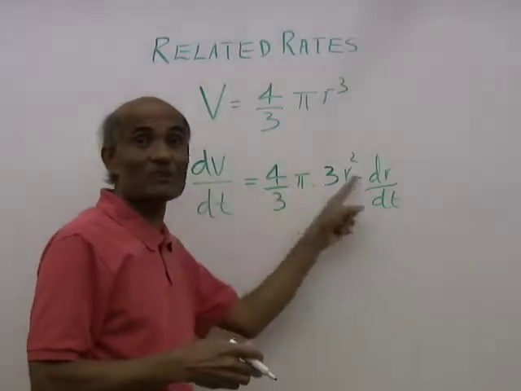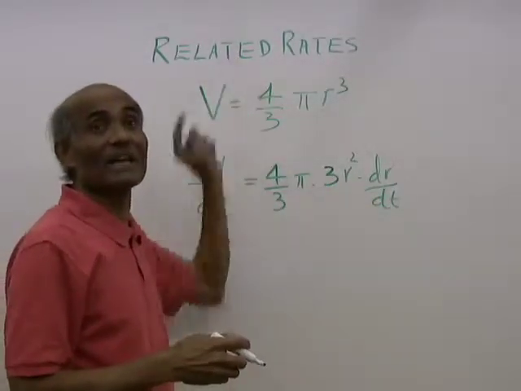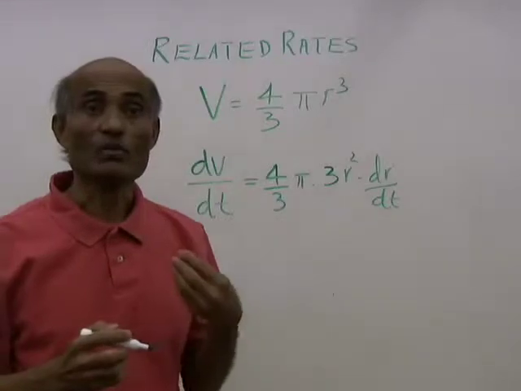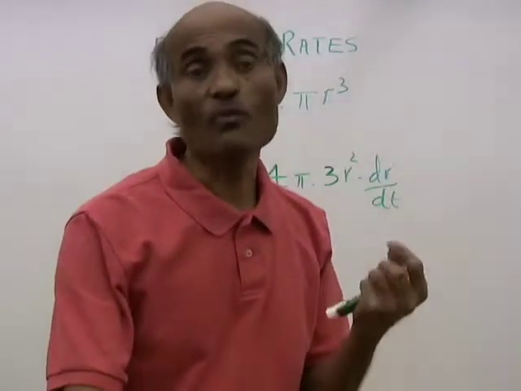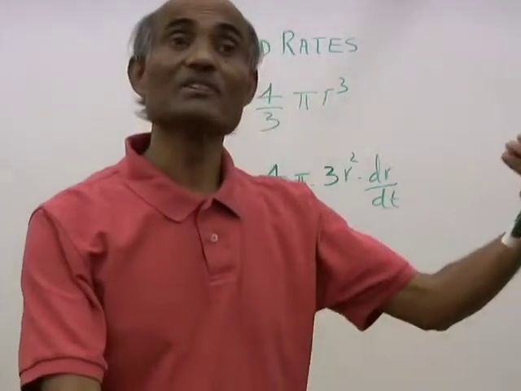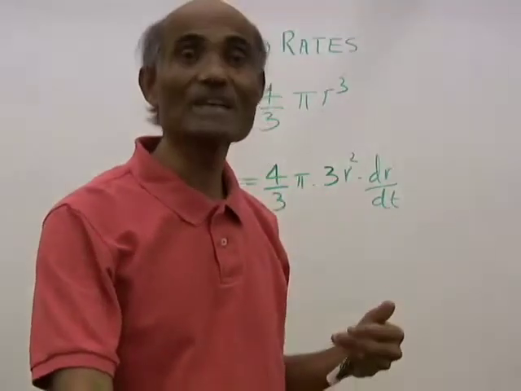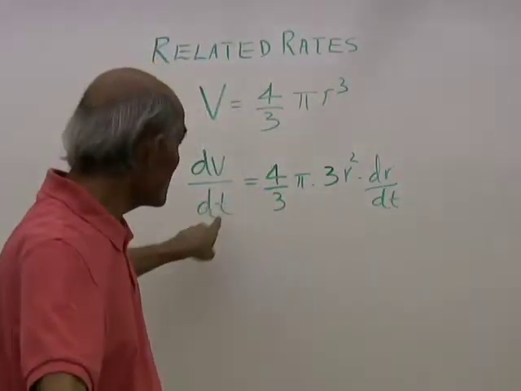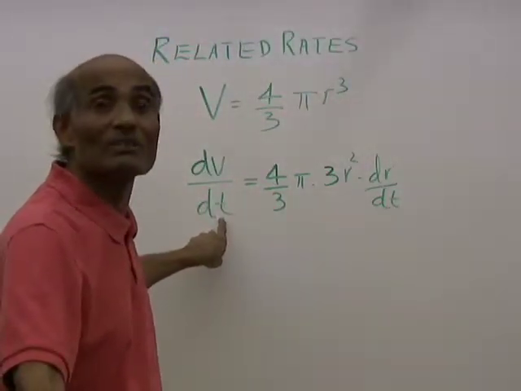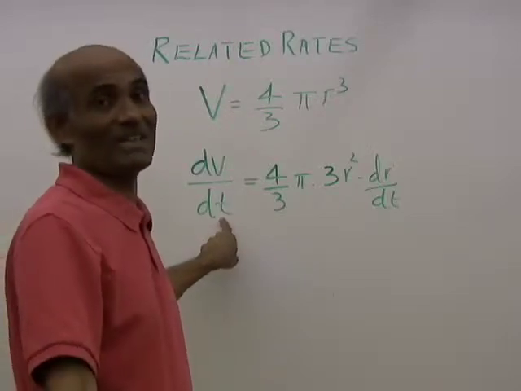So this is the kind of situation we are looking at in what we call related rates. The rate of change of one variable is connected to the rate of change of another variable, and the rate of change is always with respect to time in this case.